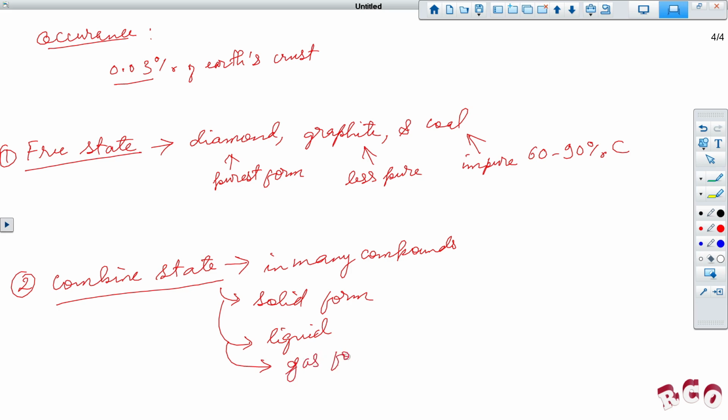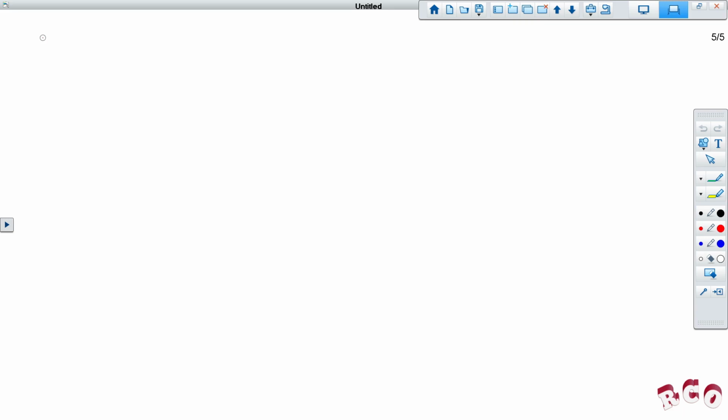Now let us go to the solid form of carbon in the combined state. What are some of the compounds that we will discuss?